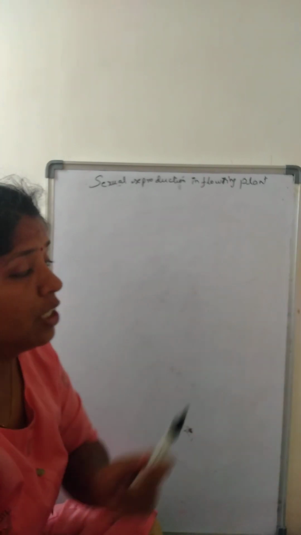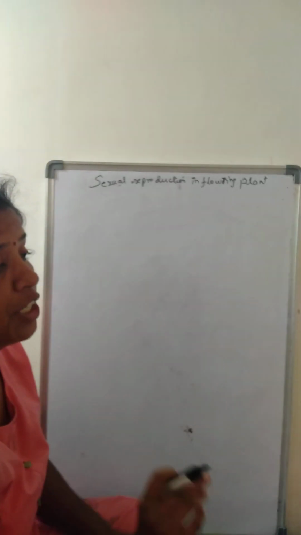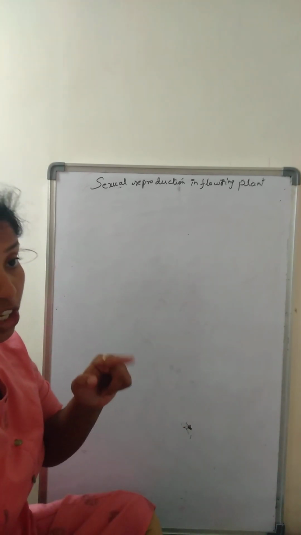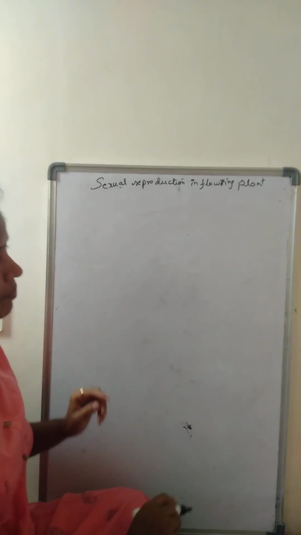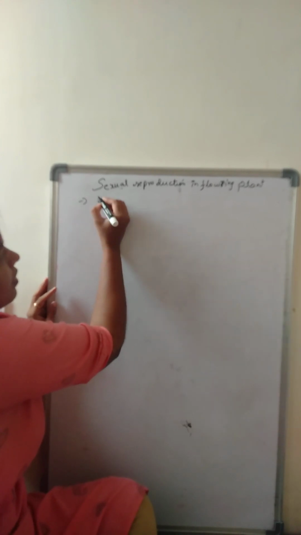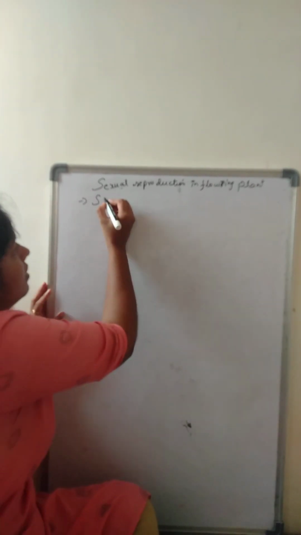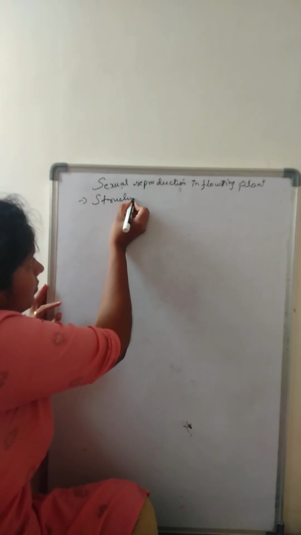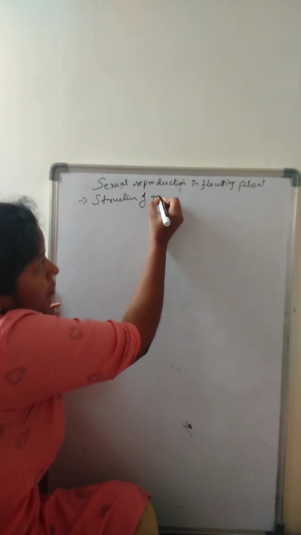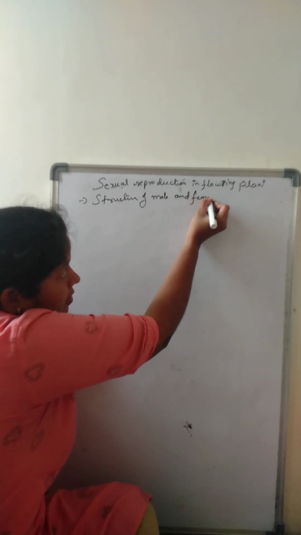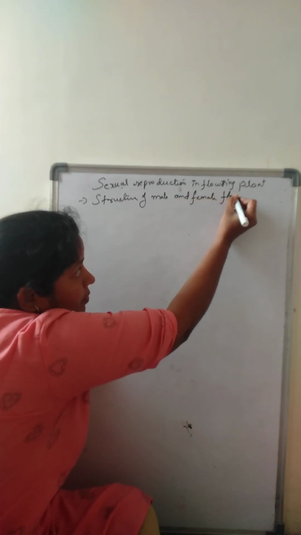Before going into any topic, you need to have a mapping of the lesson in your mind. Okay, so first will be what all we are going to study. Let's see. Structure of male and female flower.